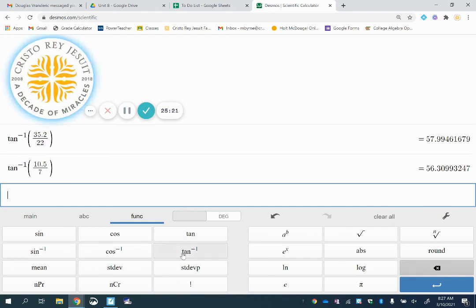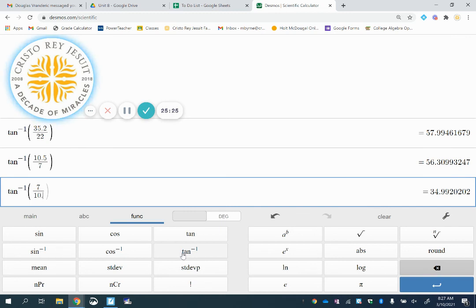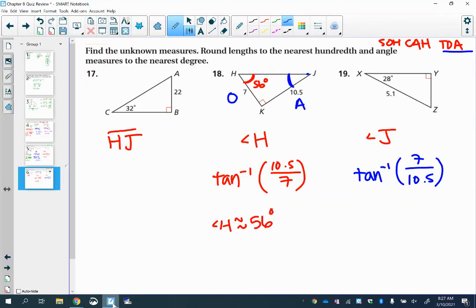So I'm going to use inverse tan of 7 over 10.5. And that gives me 33.6, which I'm going to round up to 34. So angle J is equal to approximately 34 degrees. All right, which is great, because if I check that, I can see that those all add up to 180.